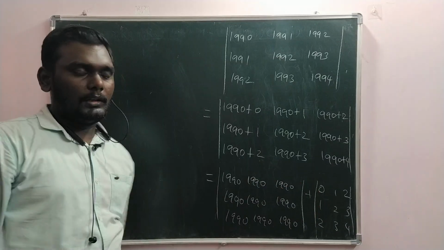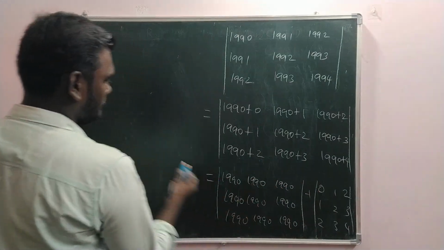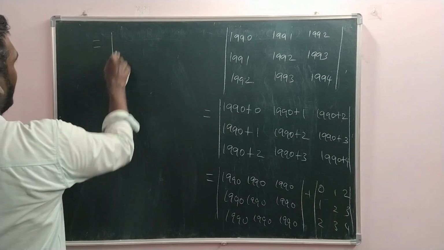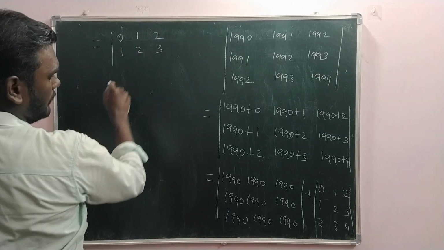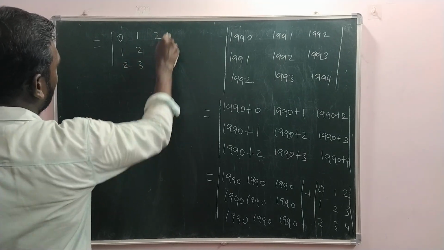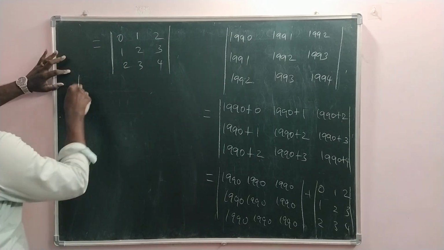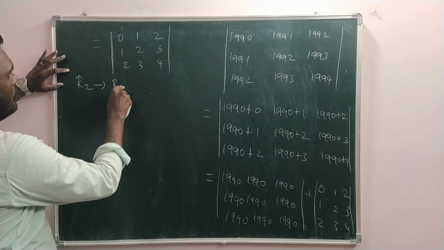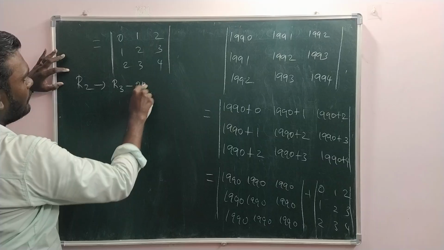Now we can take the determinant of this. The determinant of the first matrix will become 0, right? So we'll get only the matrix 0, 1, 2, 1, 2, 3, 2, 3, 4. Again, we can replace R3 with R3 minus 2 times R2.